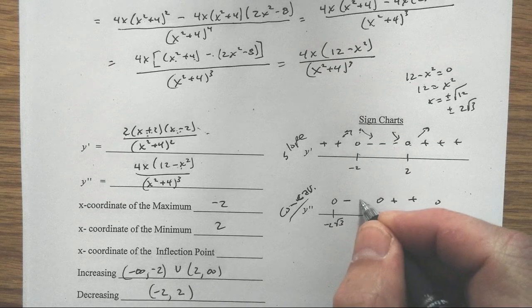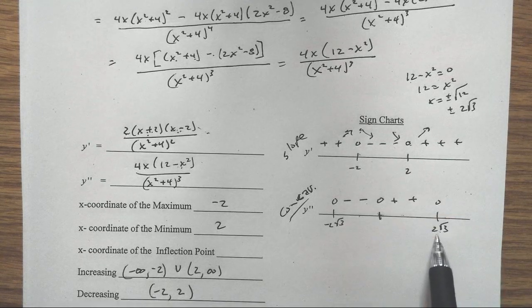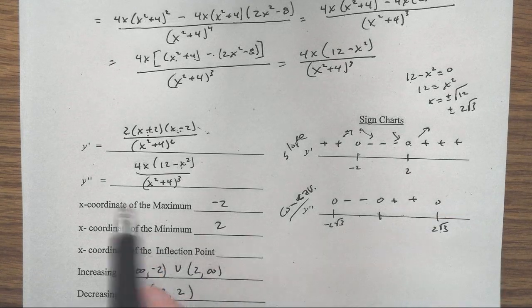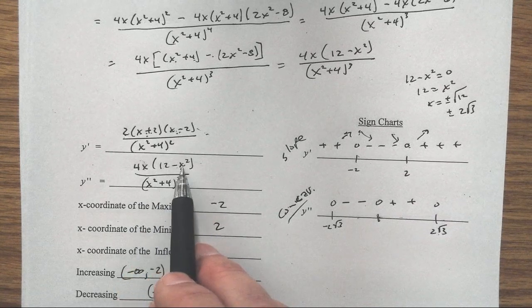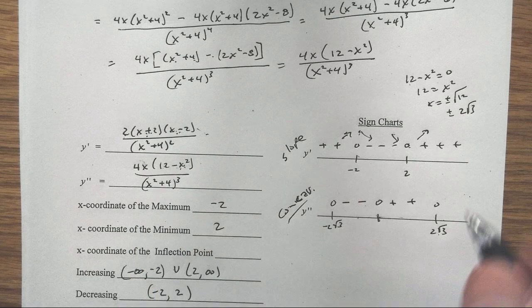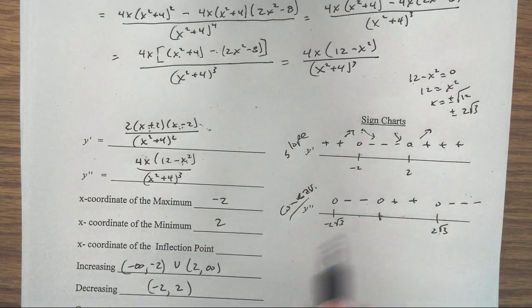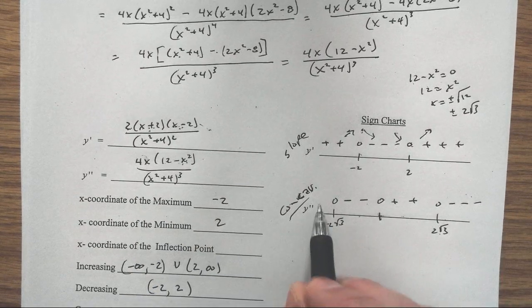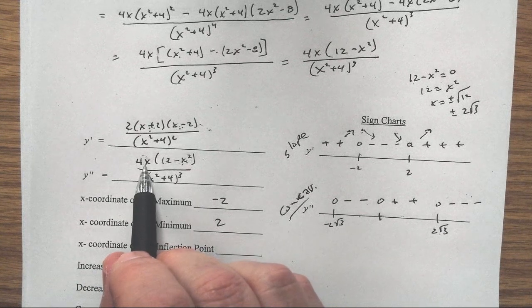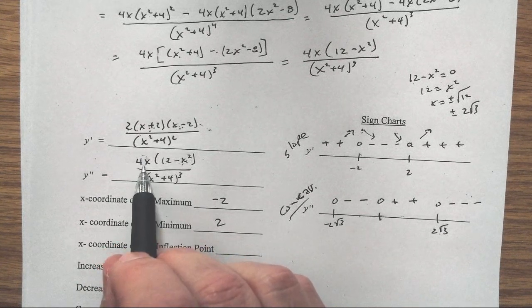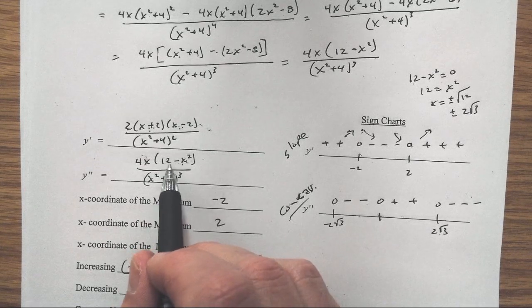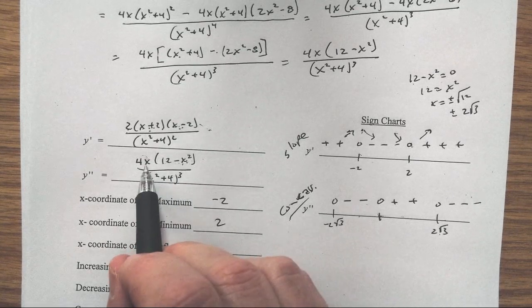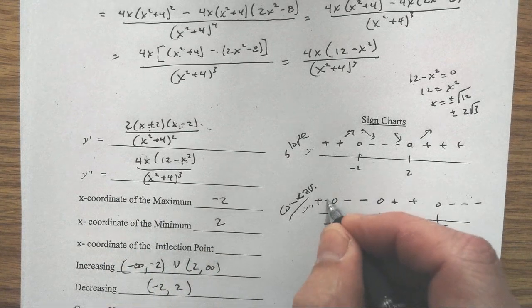Negative times positive, negative. How about something to the right of 2 square root of 3, like 10. 10 makes this positive. However, 12 minus 100 would make this negative: positive times negative. And let's try something in the zone to the left, negative 10. Negative 10 makes this negative. It makes this 12 minus negative 10 squared, which is still 12 minus 100. That's negative. Negative, negative. Positive.